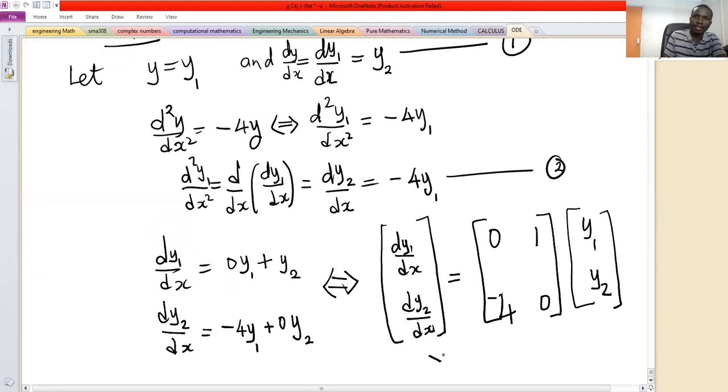So it's like we have the system y dot equals A times y, where y is this matrix here, and this is the A matrix.